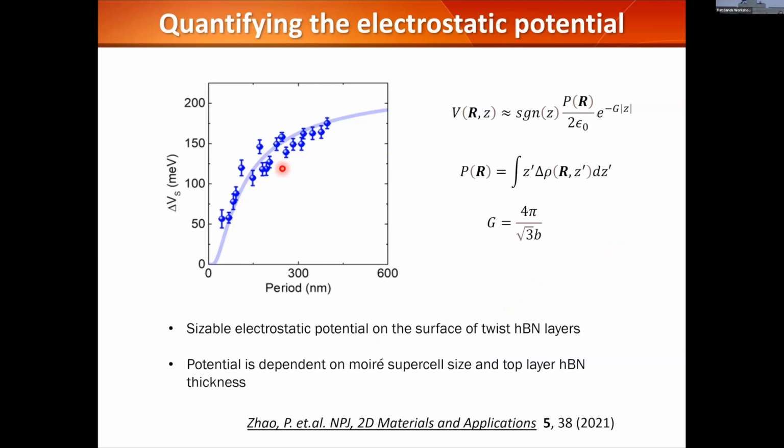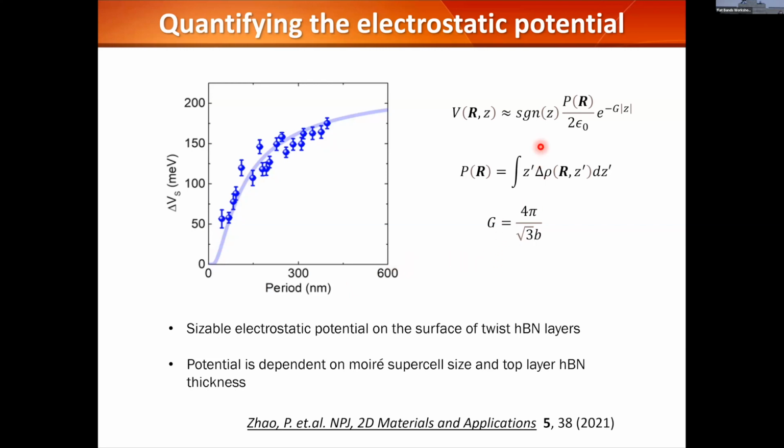And this moiré domain size dependence in electrostatic potential is quite easy to understand. It's a simple theory done by Yao Wang's group a couple years ago. You calculate the charge redistribution and then simply do an integration to find out what the electrostatic potential is due to that. The solid curve is not a fit, it's simply the theory curve that's plotted there.